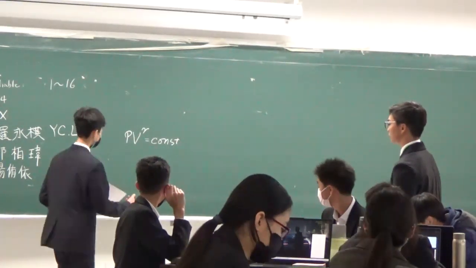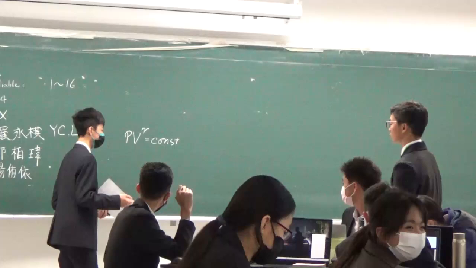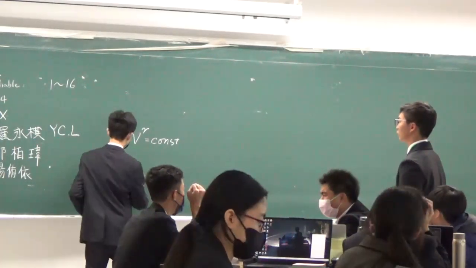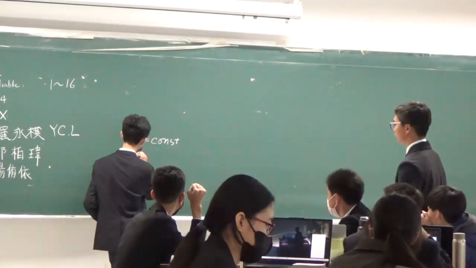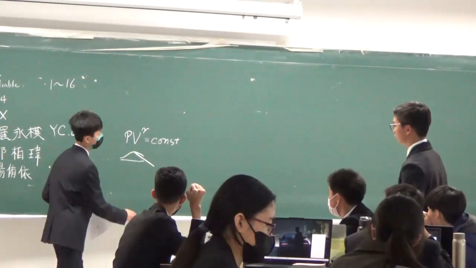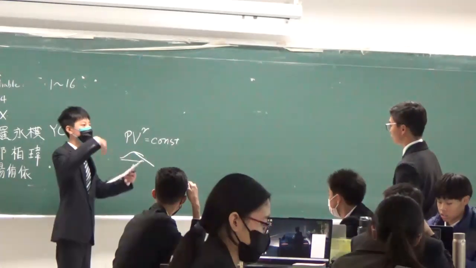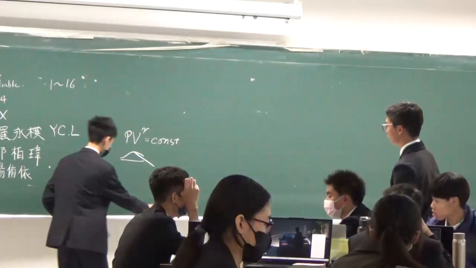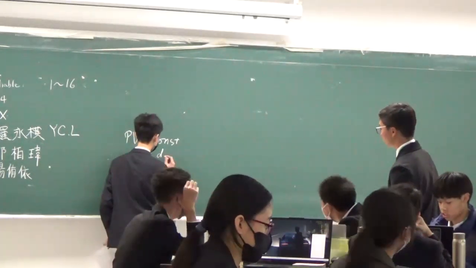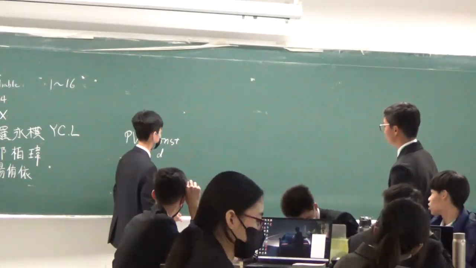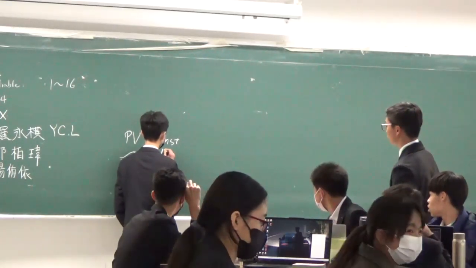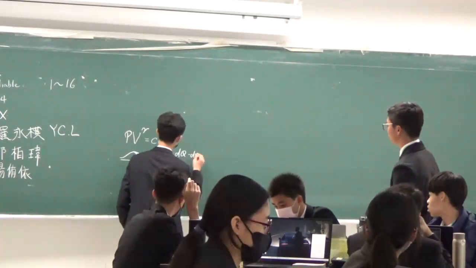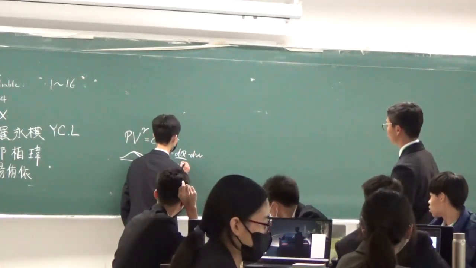Yeah. So I think the temperature will change inside, because as the time is very small, there's no time for heat to transport. According to the first law of thermodynamics, dU equals dQ minus dW, I think dQ is close to 0.